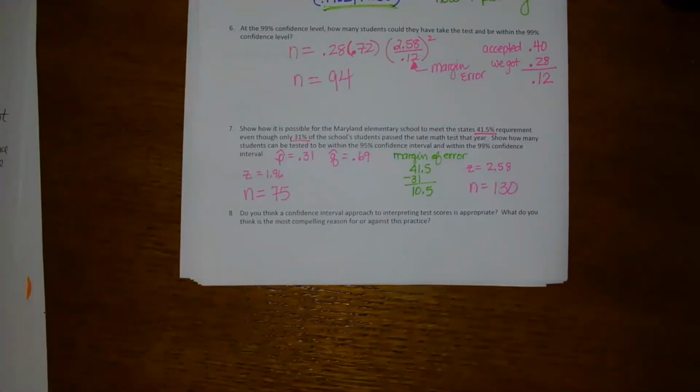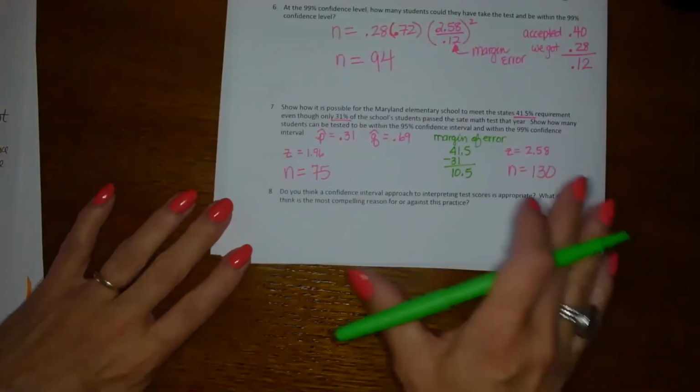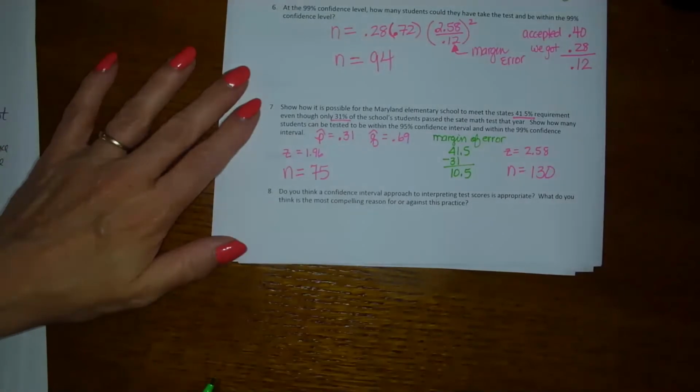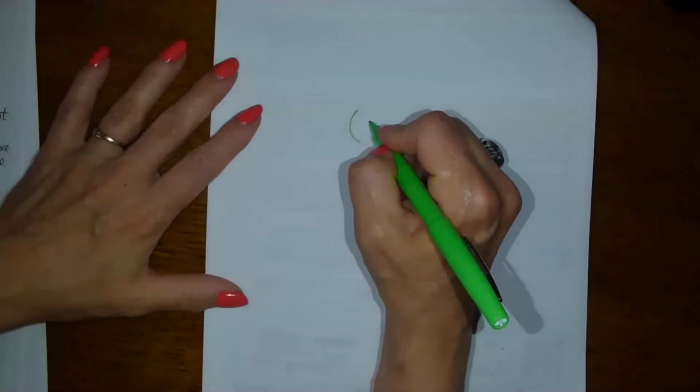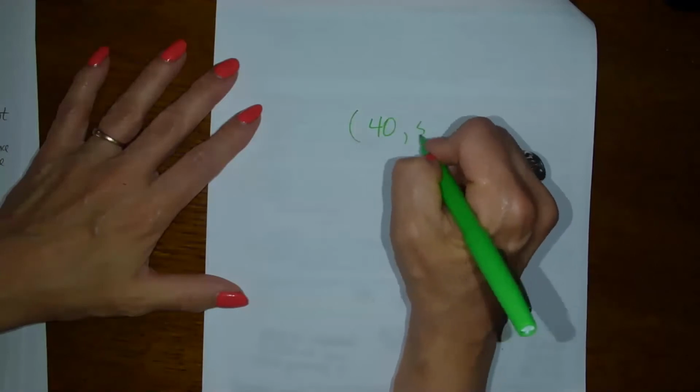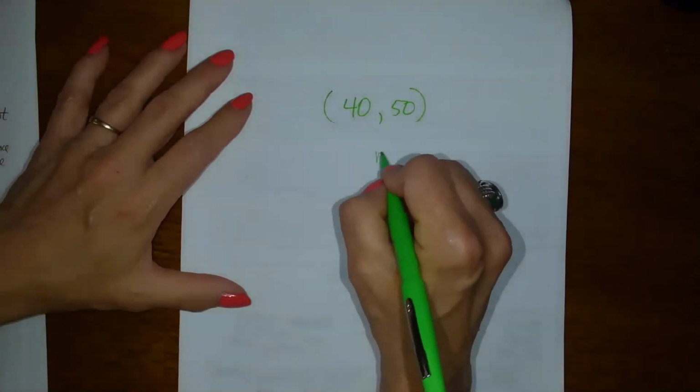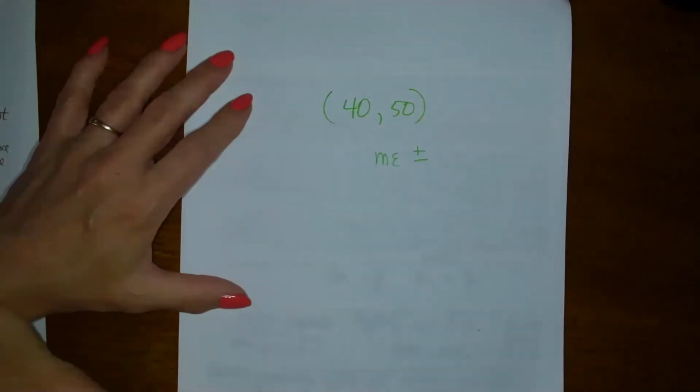And one thing I want to mention to y'all about margin of error, because there are some questions on your homework. Is everyone done with these? Did you get the numbers? Okay. If I gave you a confidence interval of 40 to 50, I want to see if you understand margin of error. What would the margin of error for that be? Remember, margin of error is plus or minus some points.